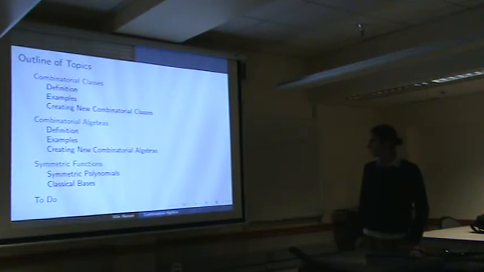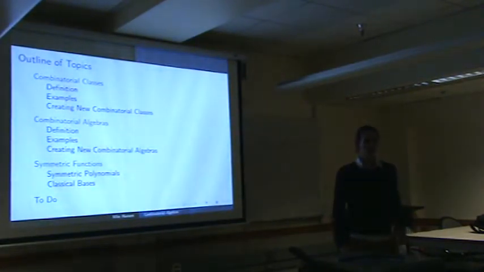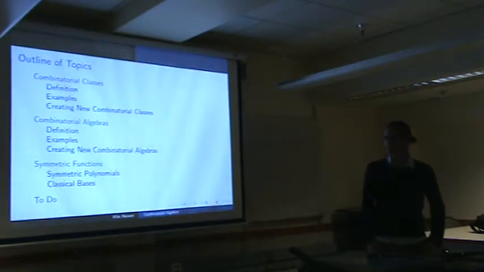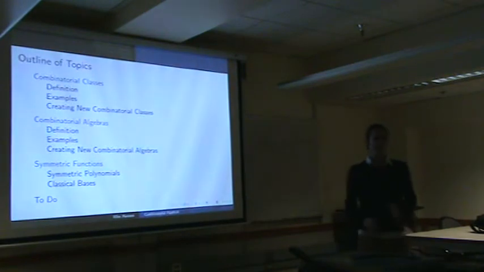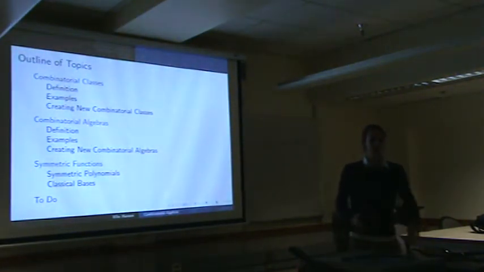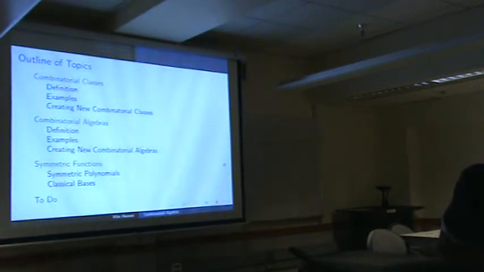Finally, toward the end, I'll talk about symmetric functions, which is where I've been spending most of my time recently with my work in Sage, and show you what they are and how they're an instance of combinatorial algebras. Then I'll cover where I'm going, things I've left to do, and things I wouldn't mind people helping me out on.